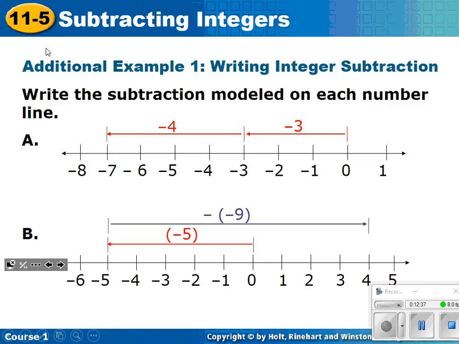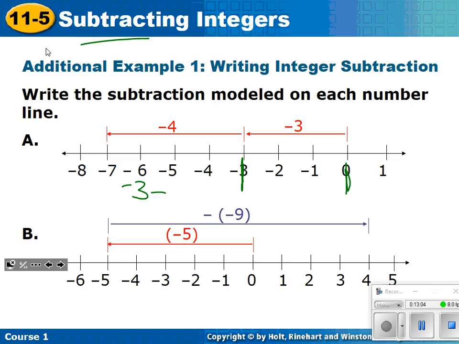So, this is the same kind of deal. We start at 0. This one is negative 3, because we're starting at 0 to negative 3. This one's always minus, because we are subtracting integers. So minus. And then we moved to the left.